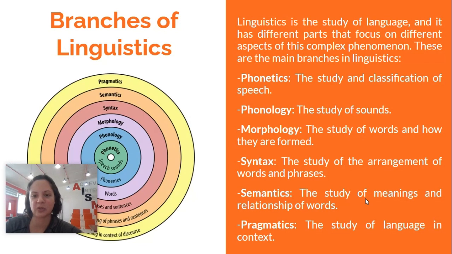So we get focused first on phonetics, the study and classification of speech. Then, kind of at the same time, we're learning the sounds of the letters, and we also get focused on morphology, the study of words and how they are formed. In the case of syntax, we understand how to arrange words and phrases.